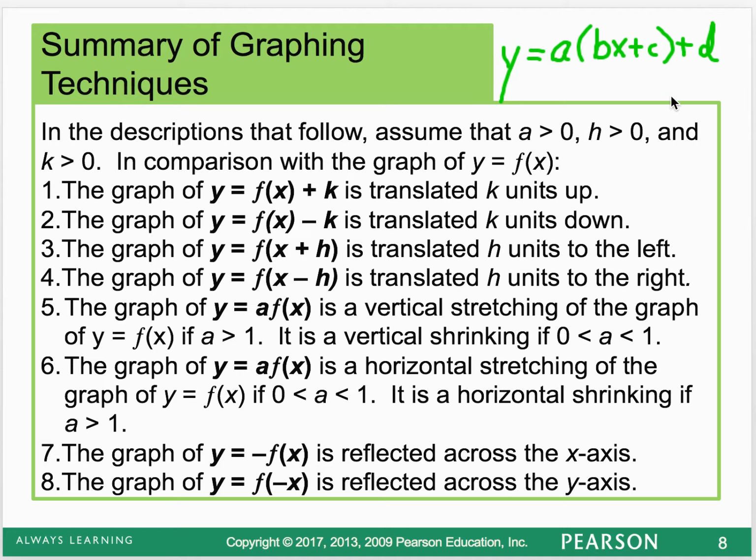The order you need to do these operations in, and sometimes it doesn't matter depending on which ones you have, but sometimes if you do them in the wrong order, you're going to get the wrong answer. So I would say always just do them in the same order. Do this first, your horizontal slide, and then the horizontal stretching and shrinking, vertical stretching and shrinking, and last your vertical slide. So I would write that somewhere and keep that in mind, and we'll remind ourselves as we go through this.